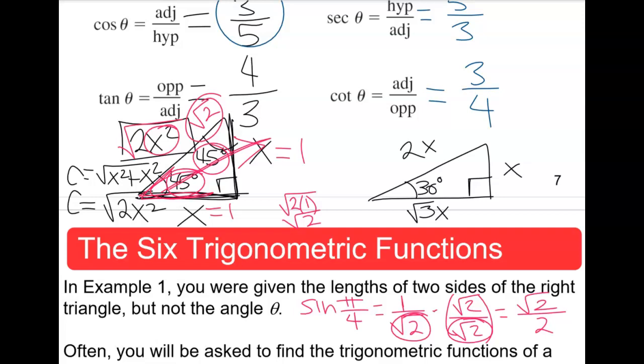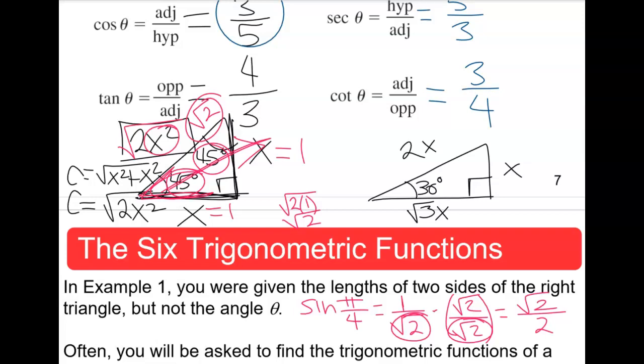Now, similarly, there are some properties. We could also prove the ones for 30 degrees. When you have a right triangle, you already know that one angle is 90 degrees.